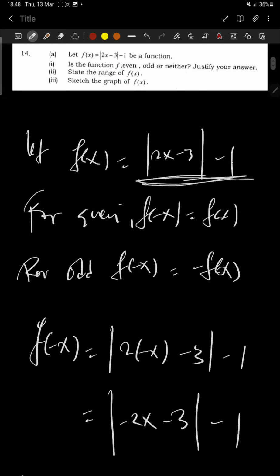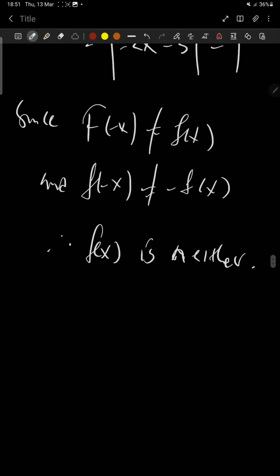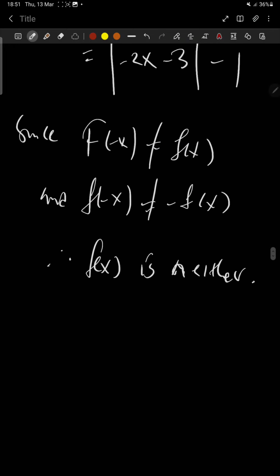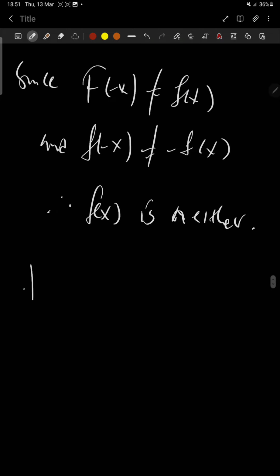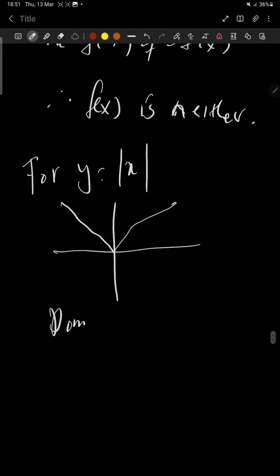Then they're saying state the range. How do you find the range? Number one, you have to understand that for modulus functions, the domain is the set of all real numbers, x such that x is a member of the real numbers.